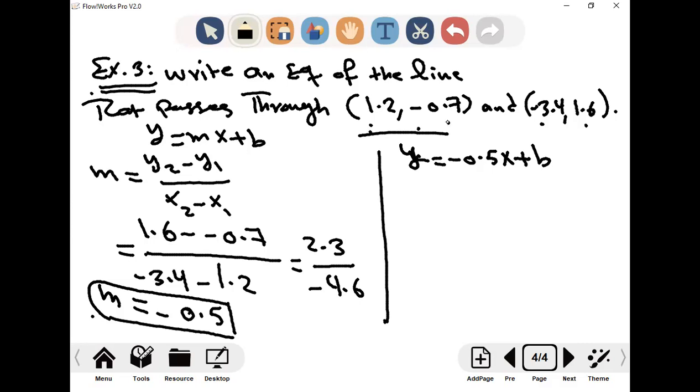These 2 points are on the line, right? Means if you put x, you get y. So replace x by 1.2 and replace y by negative 0.7. Negative 0.7 equals negative 0.5 multiplied by x, which is 1.2, plus b.